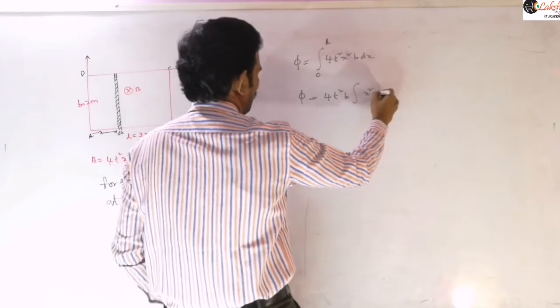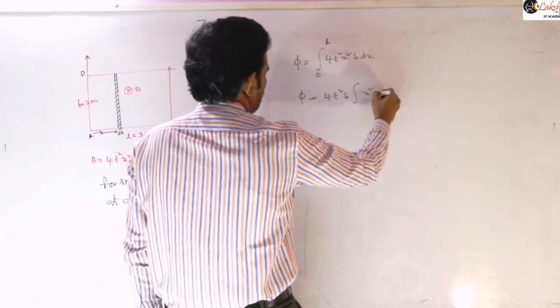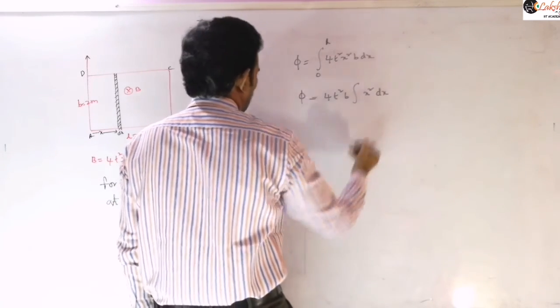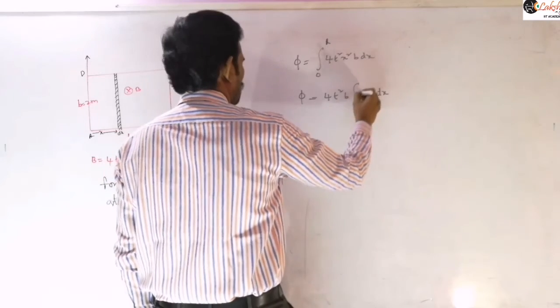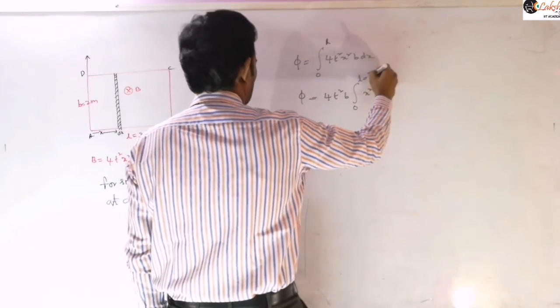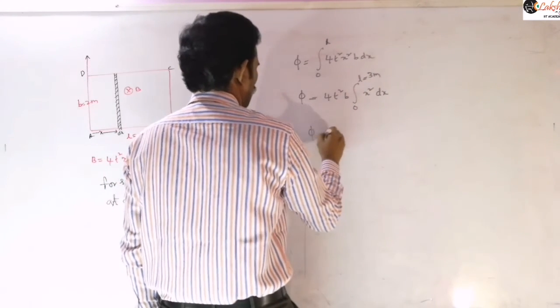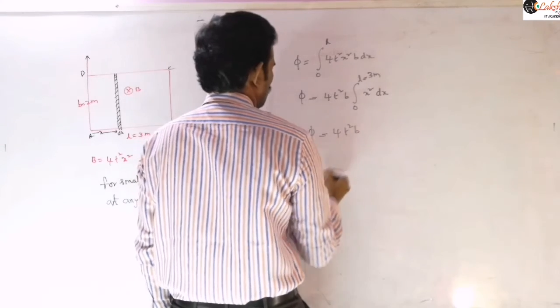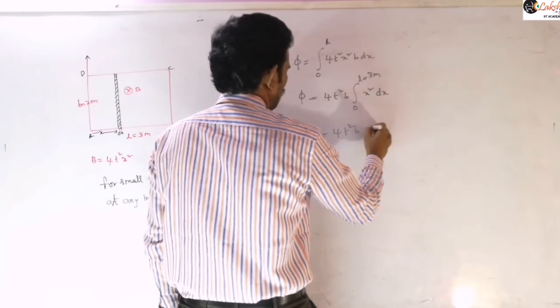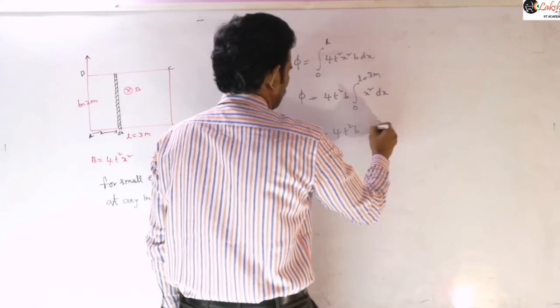So then x² dx now we can consider there. So this is nothing but 0 to L. That L value is given as, let us take that as 3 meters here. So therefore φ is equal to 4t² B into x³/3, you will get.